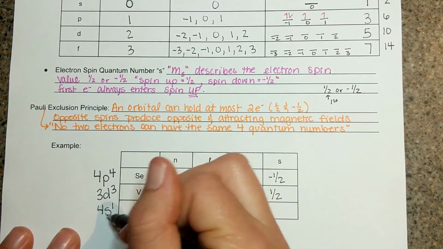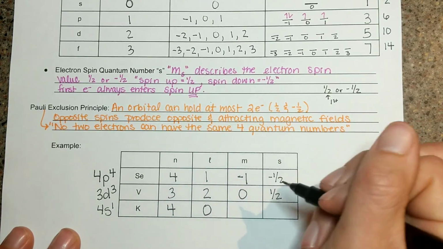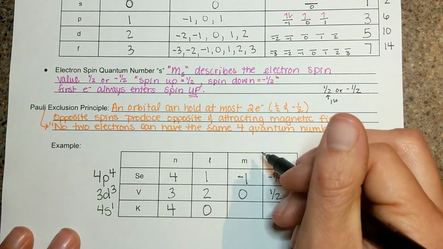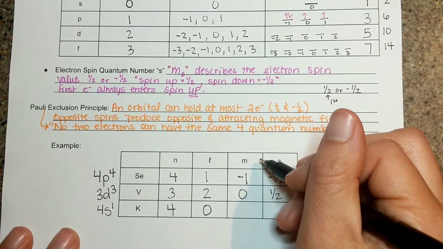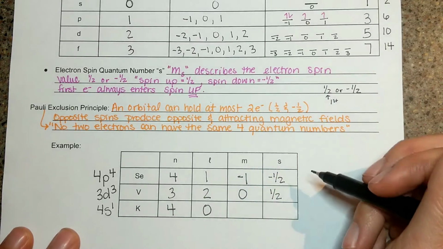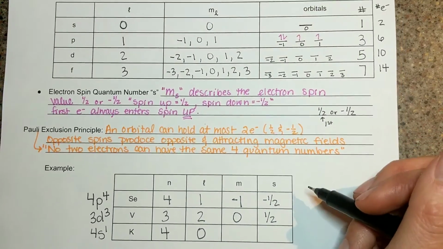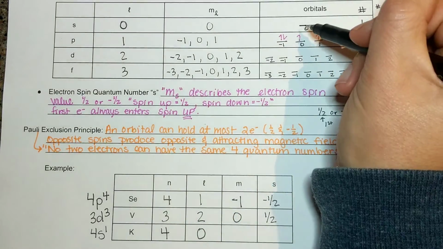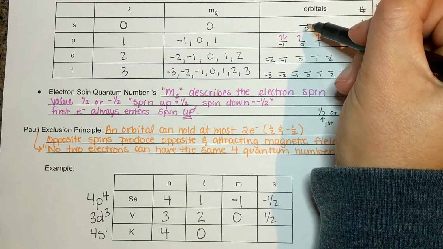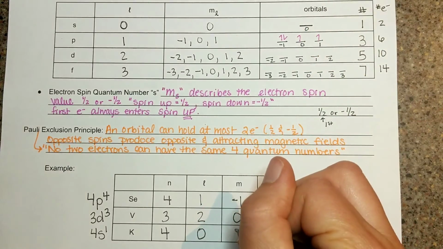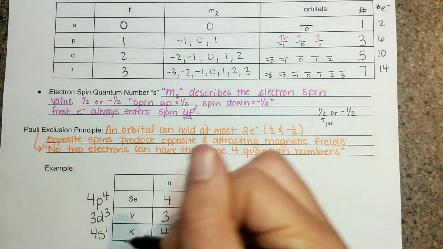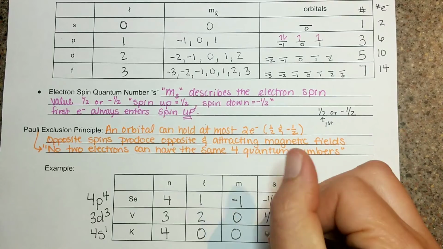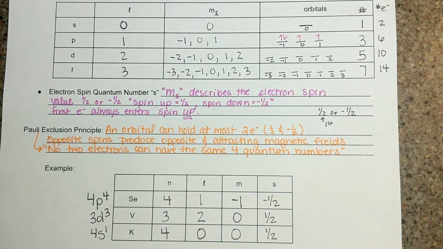I have an s, so that makes this 0. My m sub l is my orbital's orientation, and that has to do with which orbital it went in. My s, that one's easy. There's just one spot, and it's in the 0 spot. So 0 again. And then it's my first electron, so it must go spin up, which is positive 1/2.